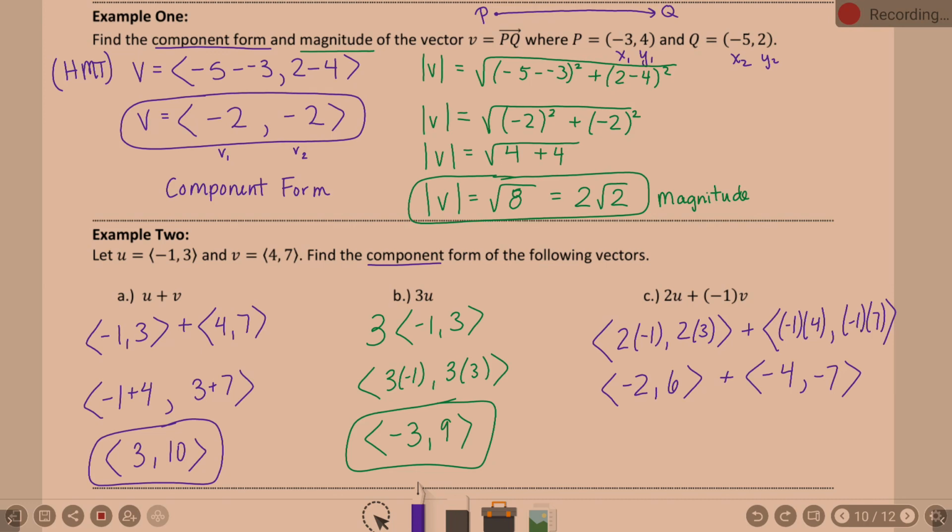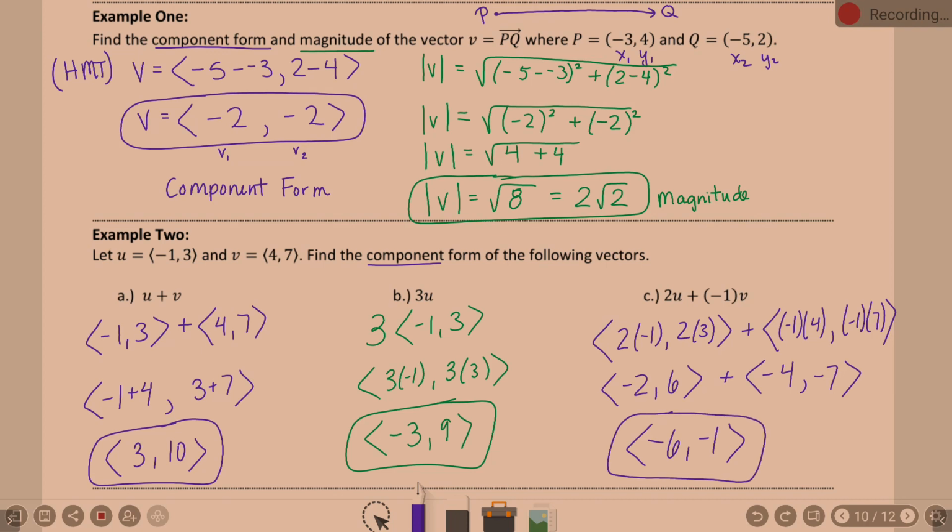And then you are adding your pieces. What do you get when you add? -6, -1. Okay. -2 plus -4 is -6.